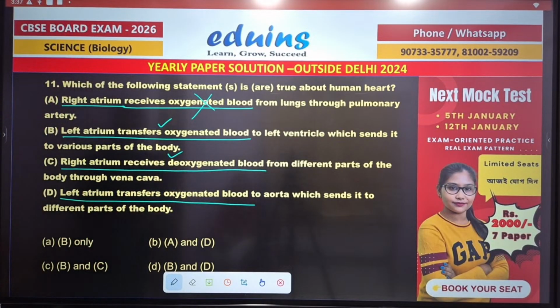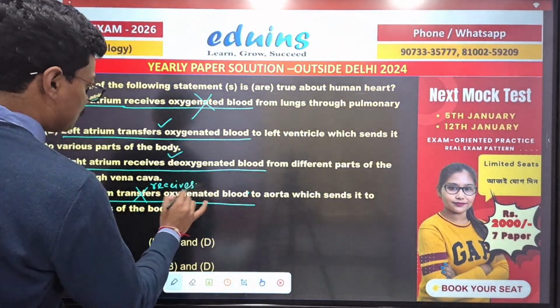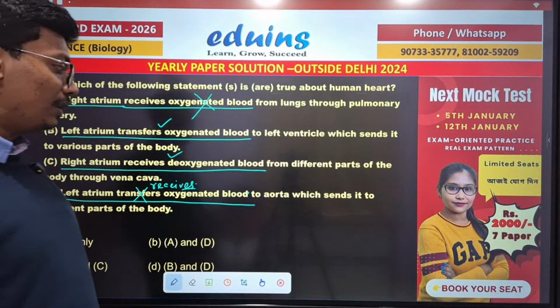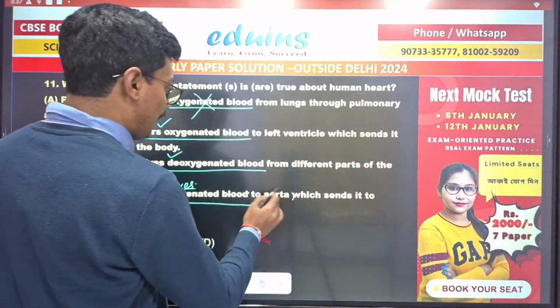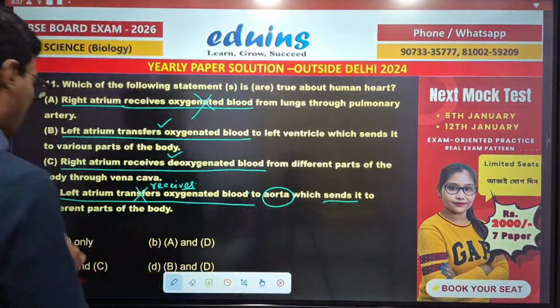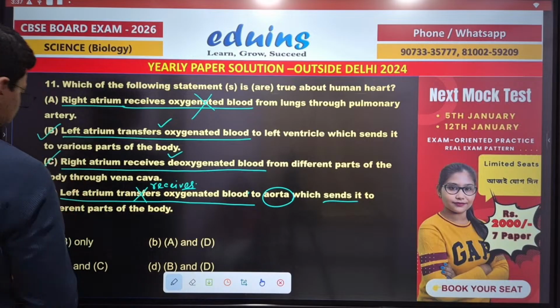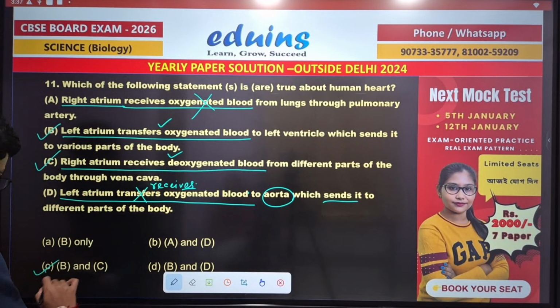Left atrium transfers oxygenated blood to the aorta, which sends it to the different parts of the body, this is true. That is, the left atrium receives, not transfers, oxygenated blood from the pulmonary vein, and the aorta is connected with the left ventricle, which will send it to the aorta to circulate to different parts of the body. So option B and option C are correct.